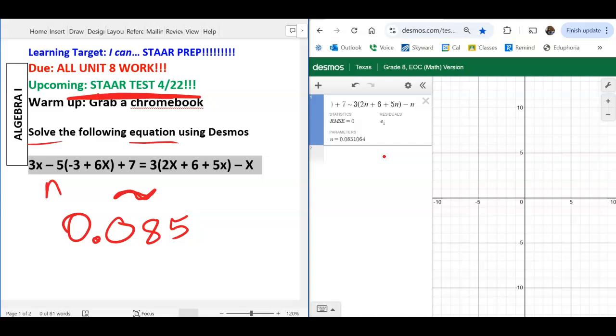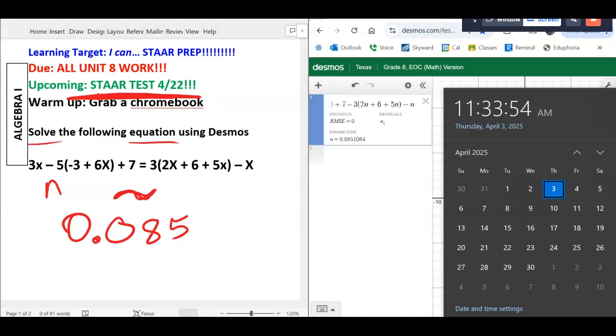Let's see, how many days? Today's the 3rd, and then the test is on the 22nd. So we have today and tomorrow, 2 weekday weeks, and then the 21st. So that's what, 13 days, including today.